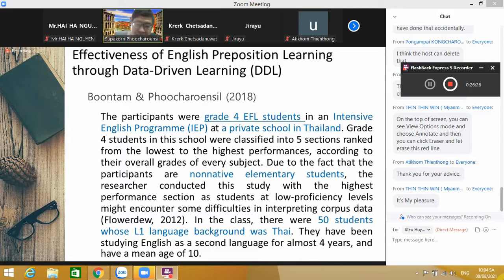Maybe you have to cite someone to back you up on why your decision was like that. 50 students got involved. Their L1 background was Thai. Their mean age was 10, something like that.